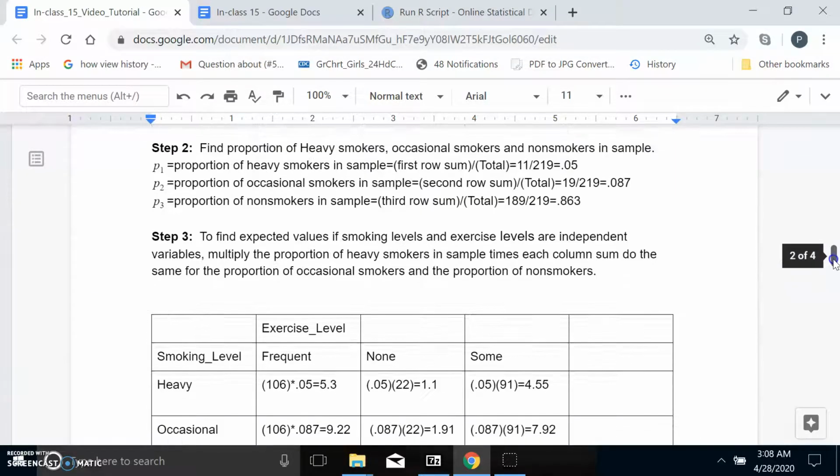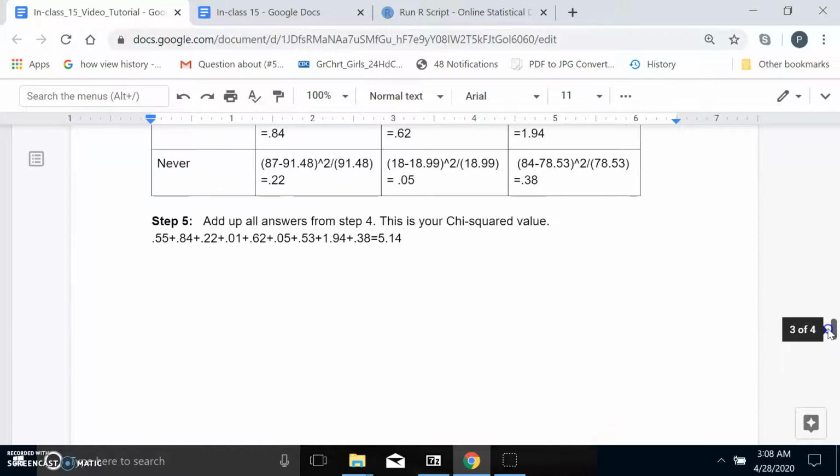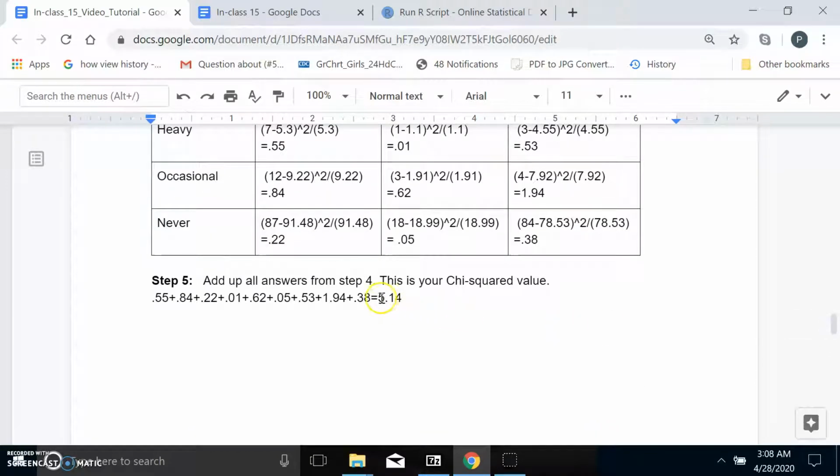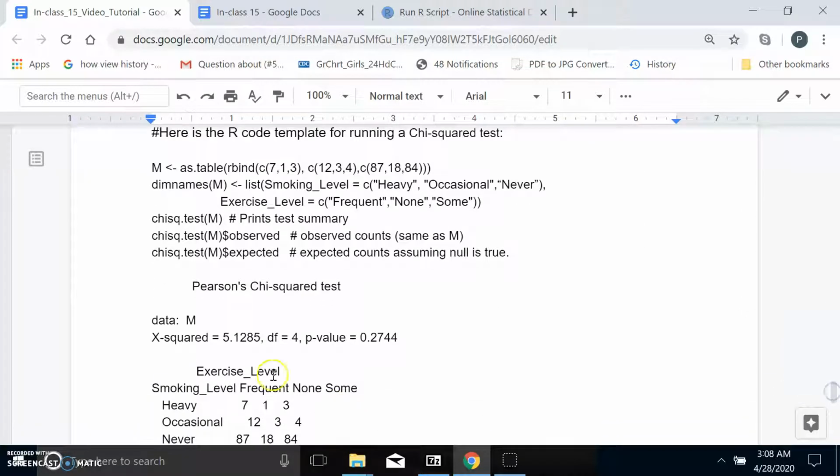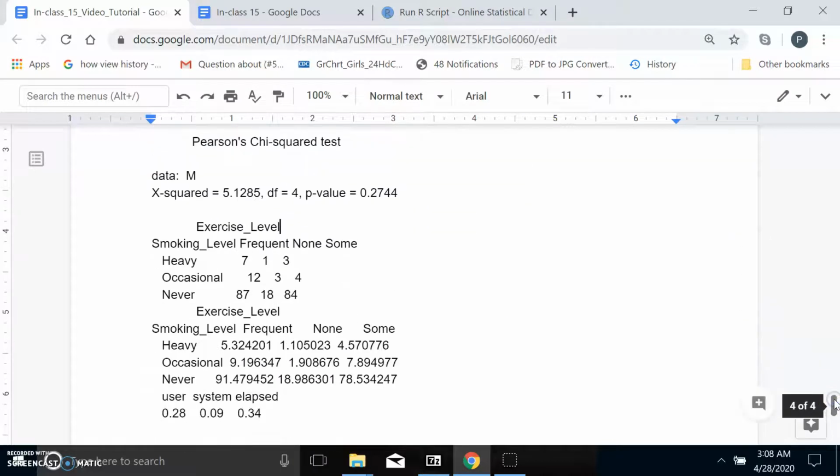And as I said, our chi-square value we found by hand was 5.14. And comparing that to the R value, it's close. But when we did it by hand, we rounded to two decimal places. You see this is going to more decimal places here. Okay, and so that's it. So we're done.